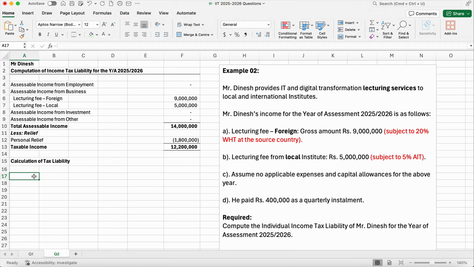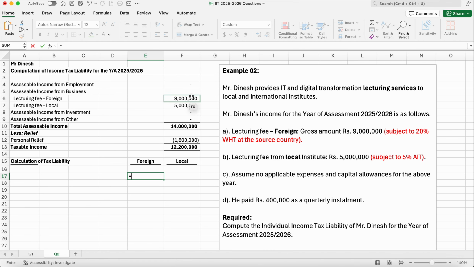But I prefer this method, where you can see exactly how much income falls under each category. So 9 million falls under this, because we need to pay tax at the rate of 15%. The local income, we will go with the normal slabs.